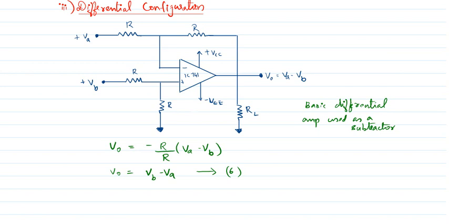This is the basic differential amplifier used as a subtractor, and we can also refer to it as a scaling amplifier because we are giving the input signal to both the terminals, and the desired values can be selected by choosing appropriate values for the external resistors.